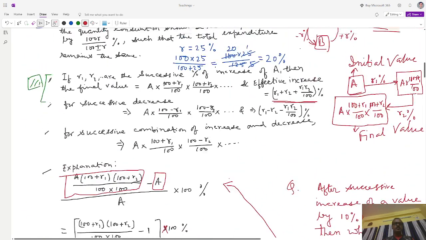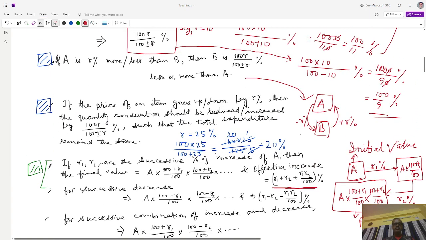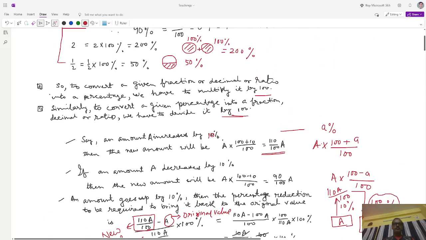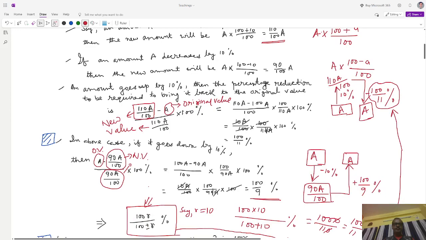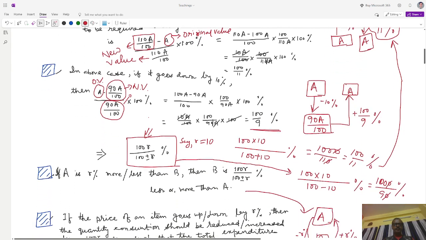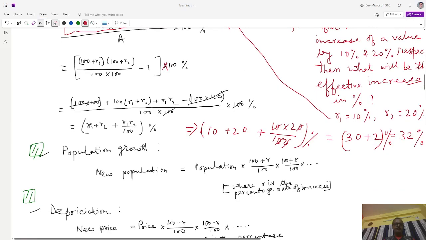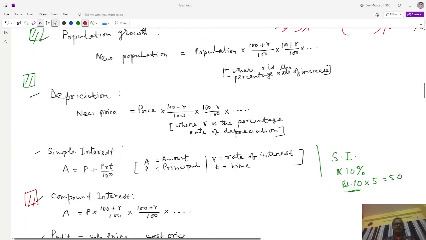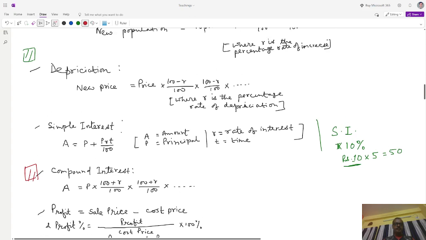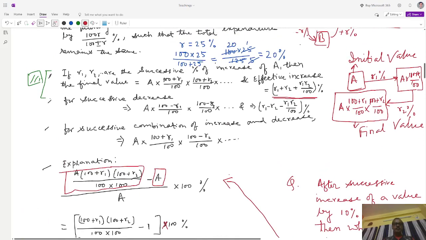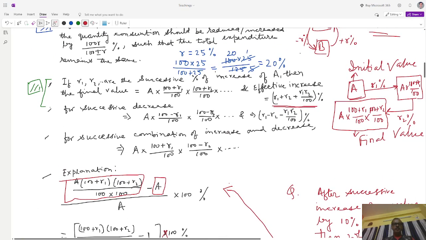So it is the same as, look here. Compound interest is nothing but similar to this.